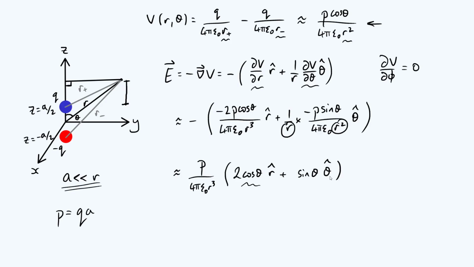But when you're in the xy plane, the theta hat direction is pointing straight downwards, in the minus z direction, okay? And so what that means is in the xy plane, the electric field is pointing purely vertically downwards, in the direction going from the positive charge to the negative charge, which again is kind of what we would expect from the symmetry of the problem.